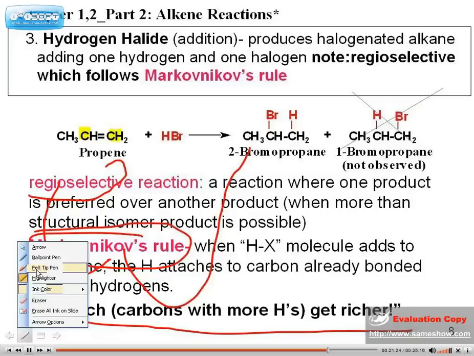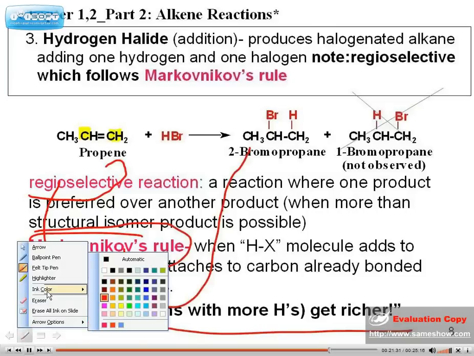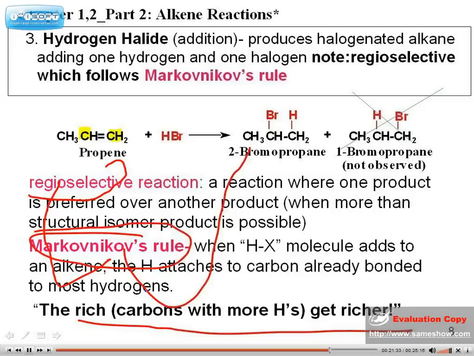Let me go ahead and change colors because I'm getting bored with this color. Let's go here. Blue is better. So in this case, this carbon right here is going to pick up the hydrogen. Consequently, we attach it, showing the covalent bond like this.